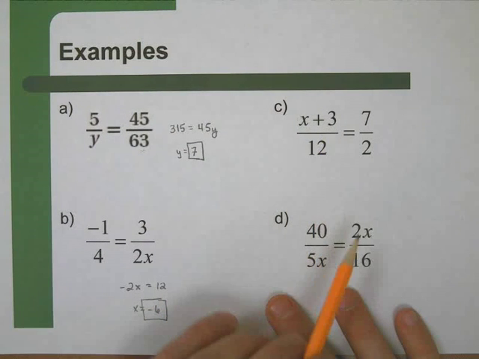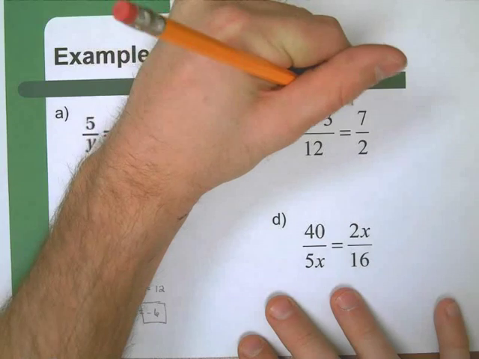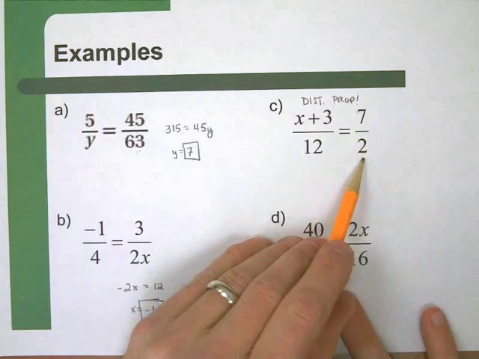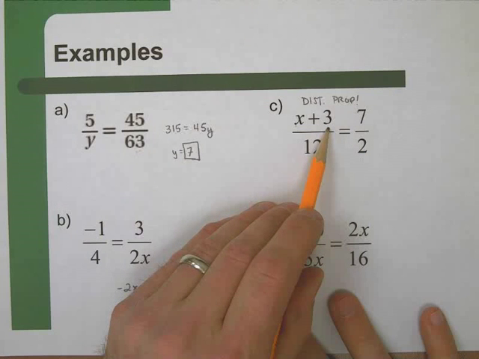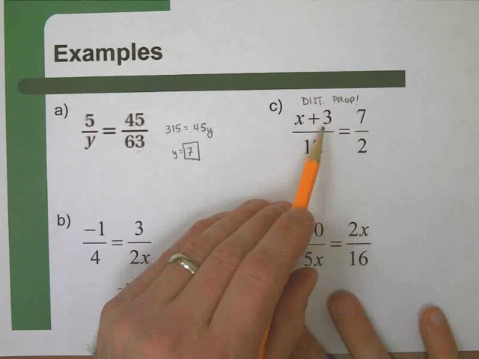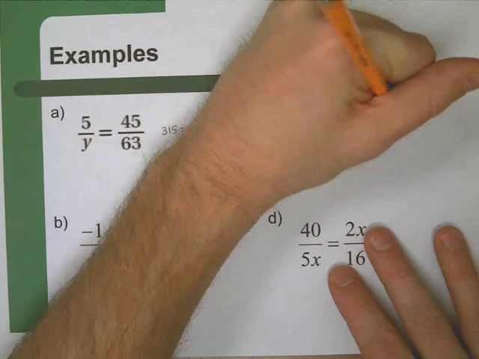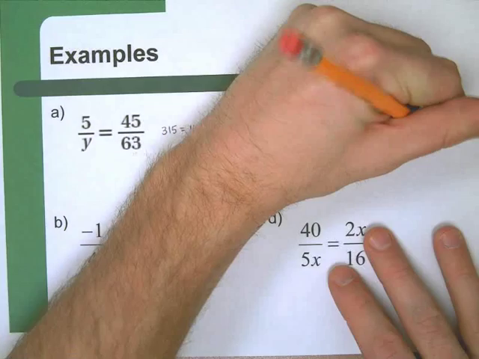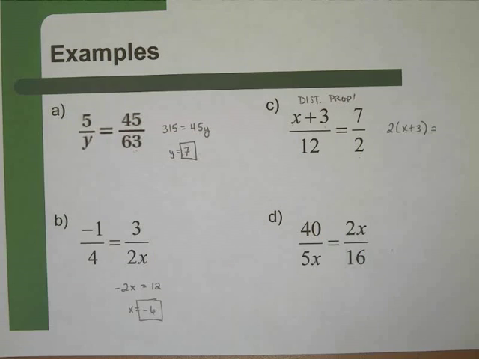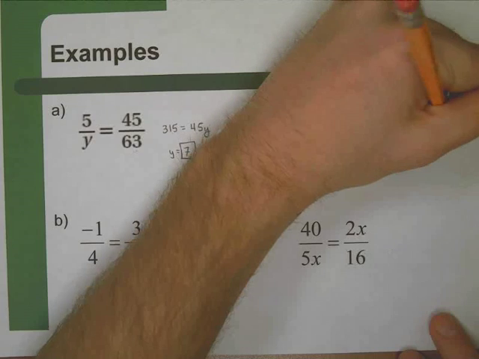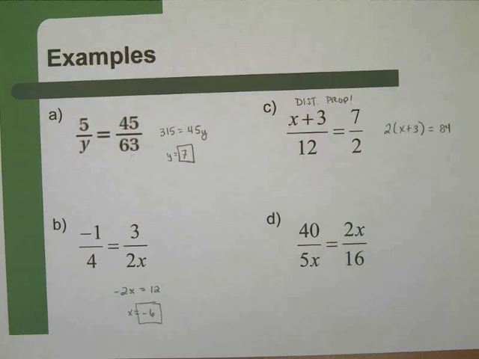Now, how it gets tougher is when I start throwing in stuff like this. This is actually a distributive property problem, so keep that in mind. I'm not taking the 2 times the x and the 2 times the 3 separately when I cross multiply, I'm taking 2 times the whole thing. So on one side, I will have 2 times the quantity x plus 3. On the other side, I will have 7 times 12, which gives me 84. You see the distributive property show up.